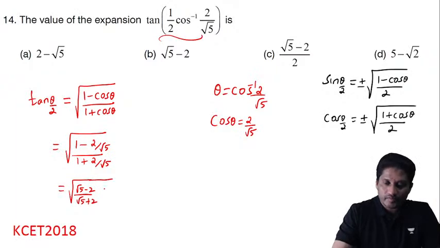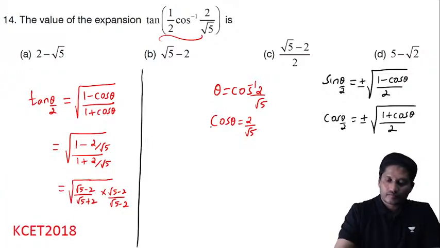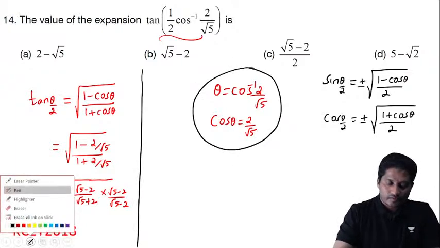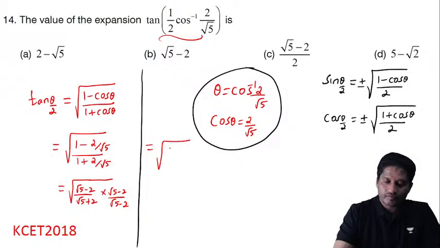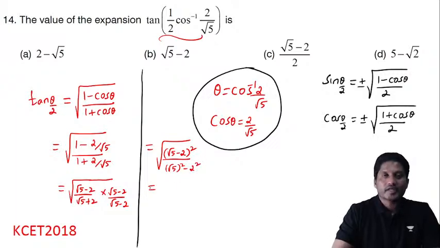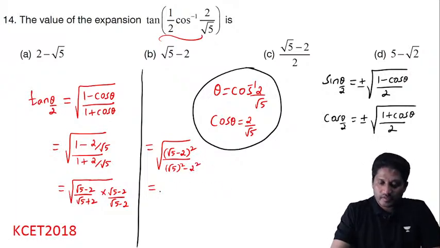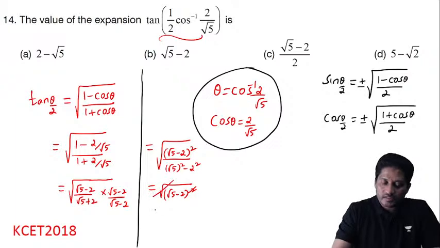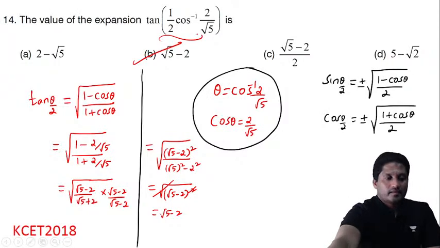Now if I rationalize the denominator, multiplying by root 5 minus 2, the numerator is root of root 5 minus 2 the whole square. A plus b into a minus b is a square minus b square, that is root 5 the whole square minus 2 square, which is 1. So the denominator is 1. Root and square cancel, and you get root 5 minus 2. Answer is option B. Let's move to the next question.